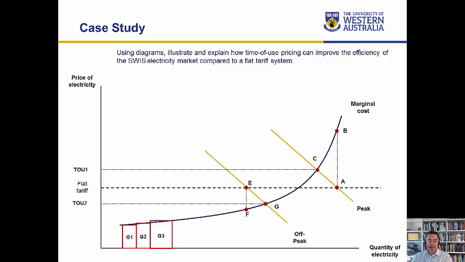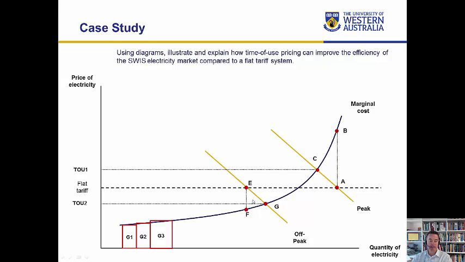Okay, of course there is another issue associated with moving from the flat tariff to TOU pricing, and that has got to do with the deadweight losses that are involved. And these areas A, B, C and E, F, G are both deadweight loss triangles.